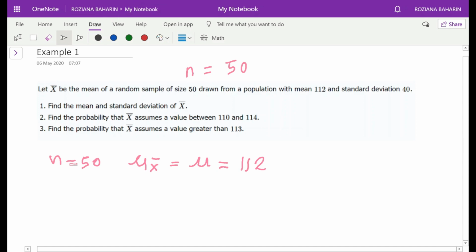So now you're given the standard deviation 40. We want to write about the standard deviation of your sample.